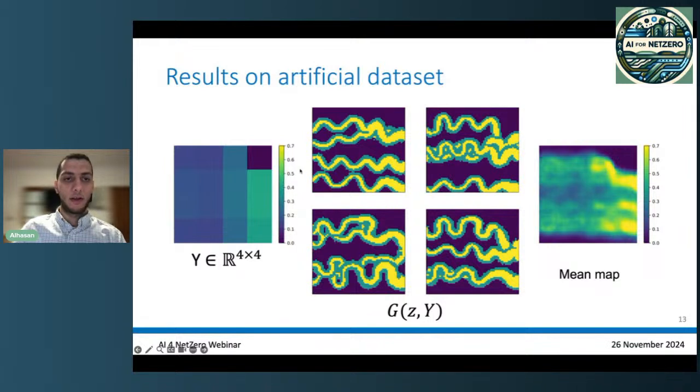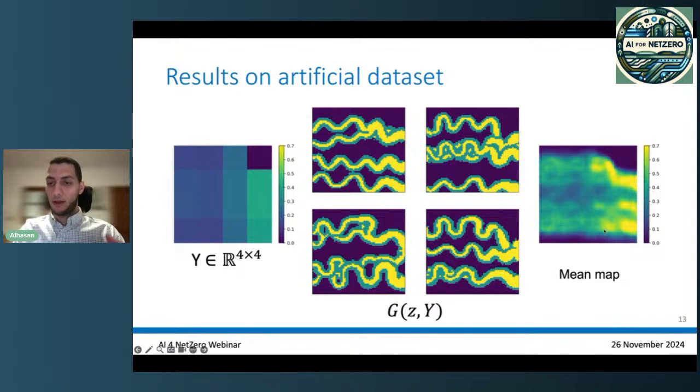And these are some results on the artificial data set. So here, we pass the condition y to the generator, and every sample here is generated with a different z vector. So you can see that all 4 samples respect the given condition, while each one of them is stochastically different than the others.